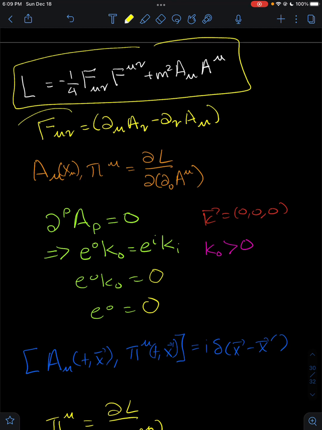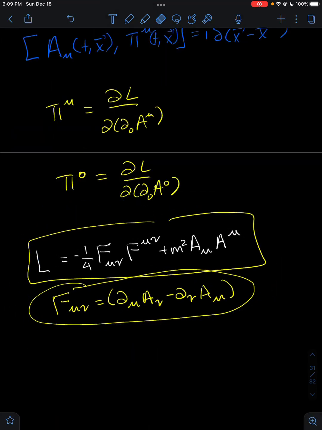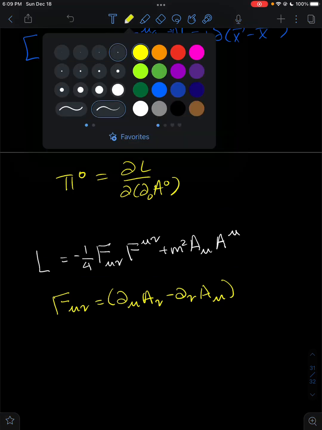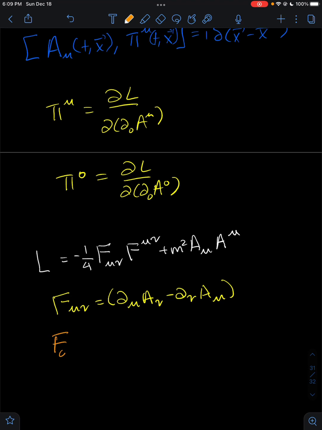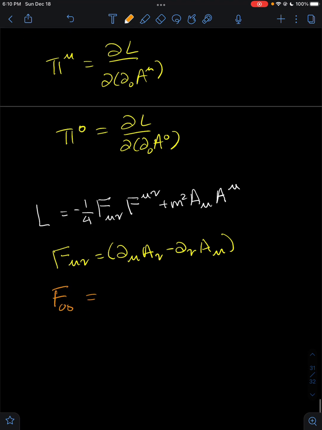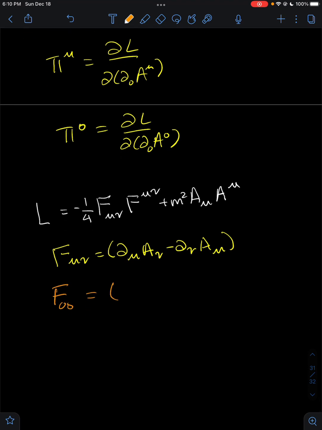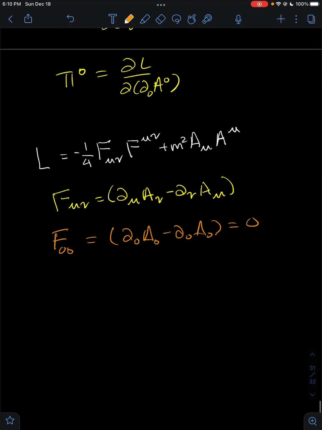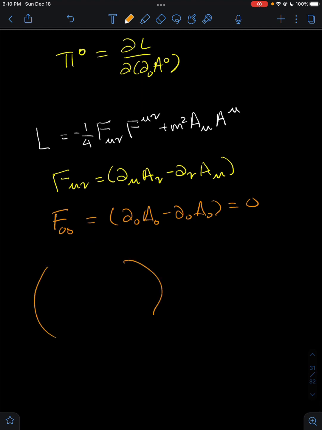And here is our Faraday tensor explicitly. So F00, the time entry of the Faraday tensor, is going to be partial 0 A0 minus partial 0 A0, which gives us 0. In fact, for each entry along the diagonal, the Faraday tensor has zeros, and it's non-zero everywhere else.